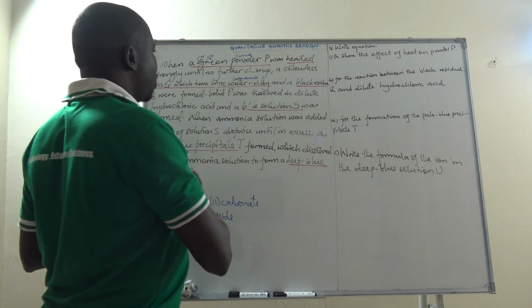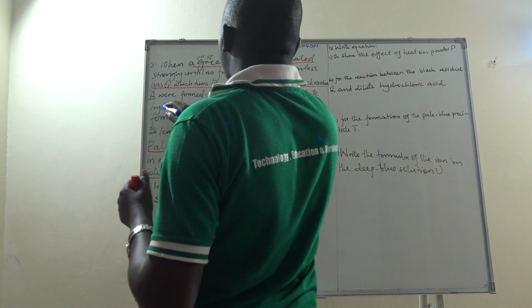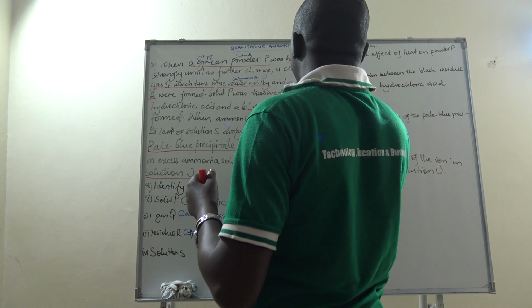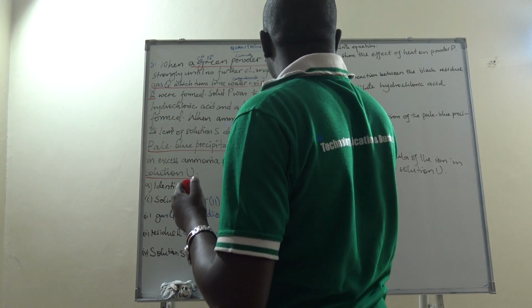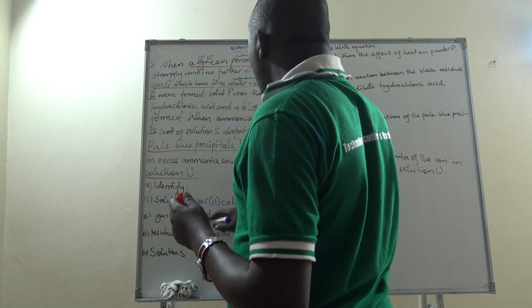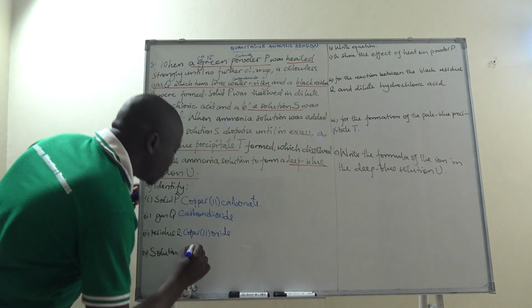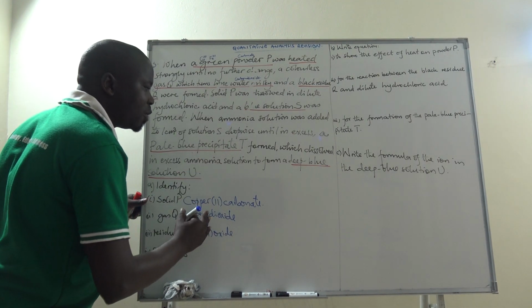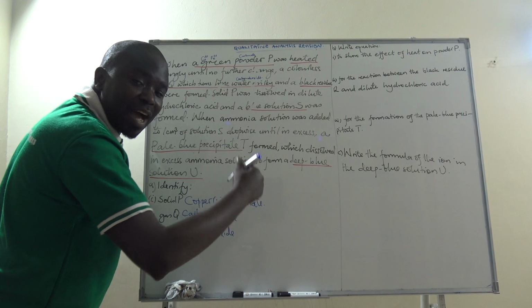Then let us continue. They said that solid P was dissolved in dilute hydrochloric acid, and a blue solution S was formed. The blue solution S forms when copper 2 oxide is dissolved in dilute hydrochloric acid. If a base, copper 2 oxide, reacts with an acid, dilute hydrochloric acid, we get a salt and water.